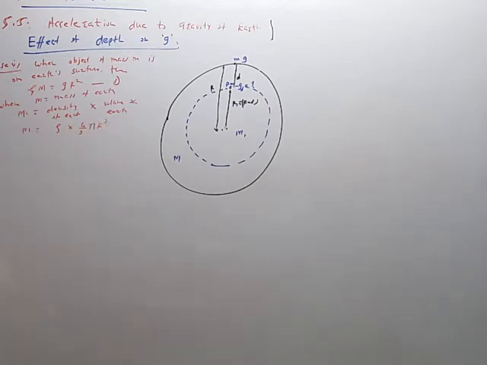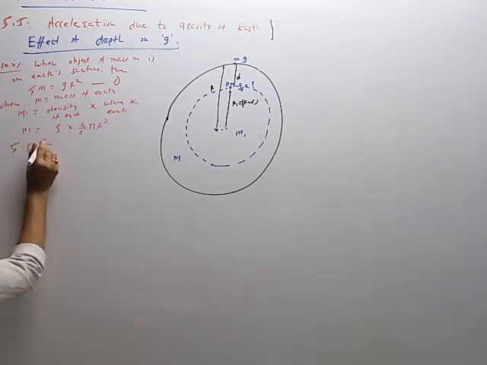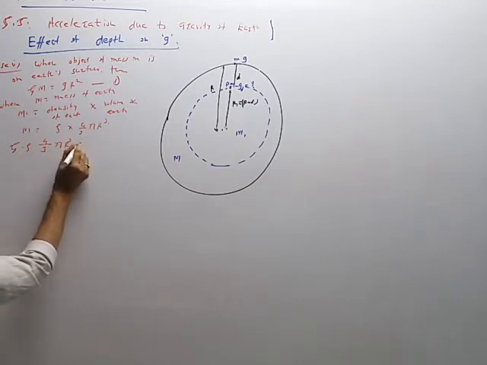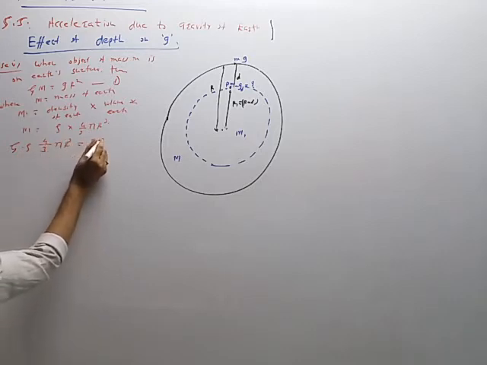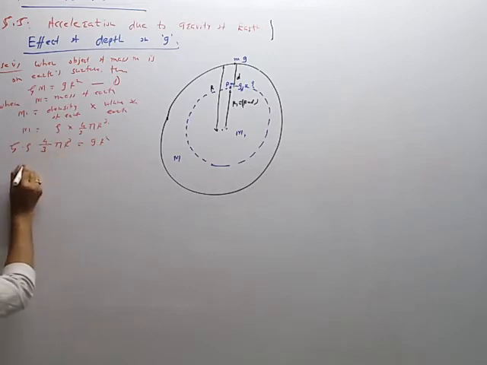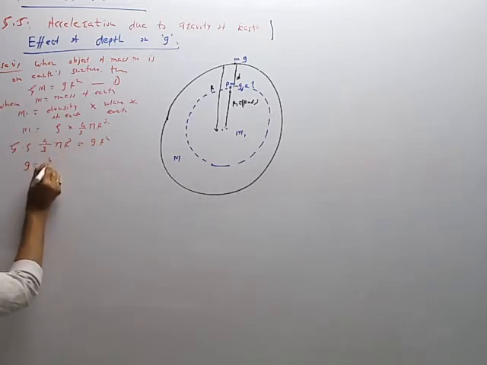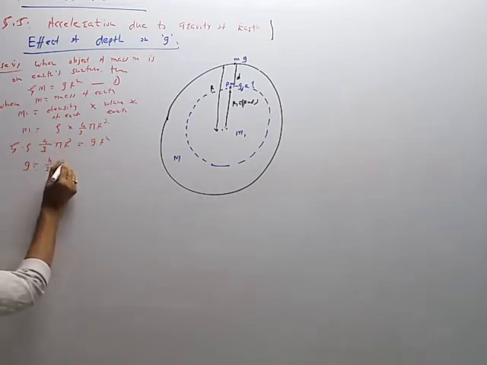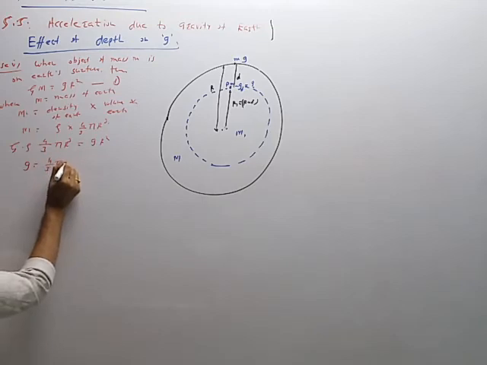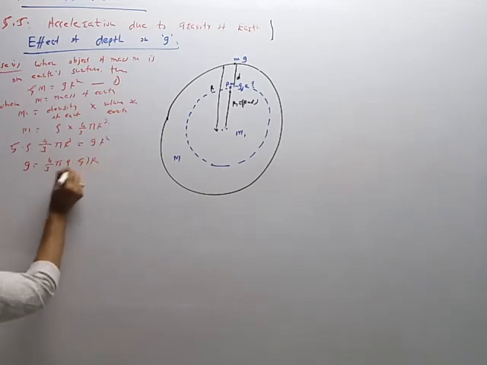So substitute here, therefore g rho 4/3 pi r cube is equal to g r square. One r cancels, therefore g is equal to 4/3 pi rho g r.